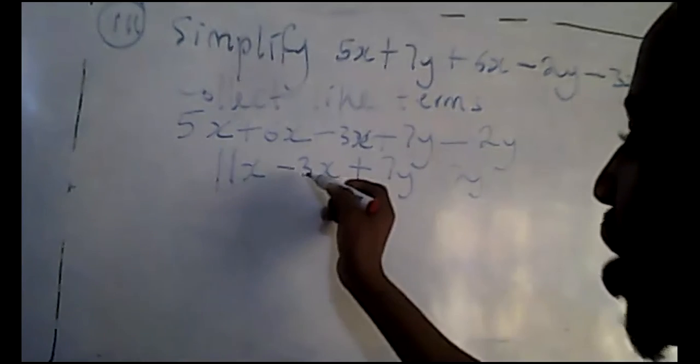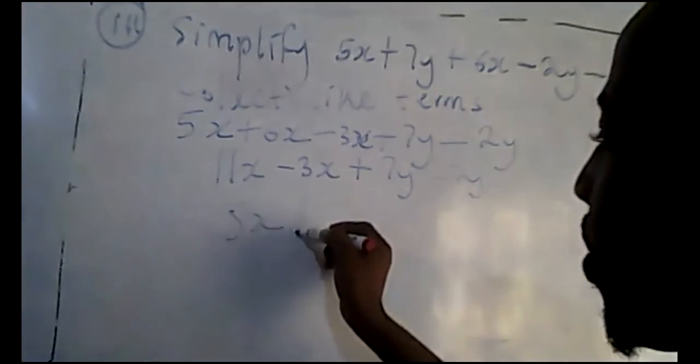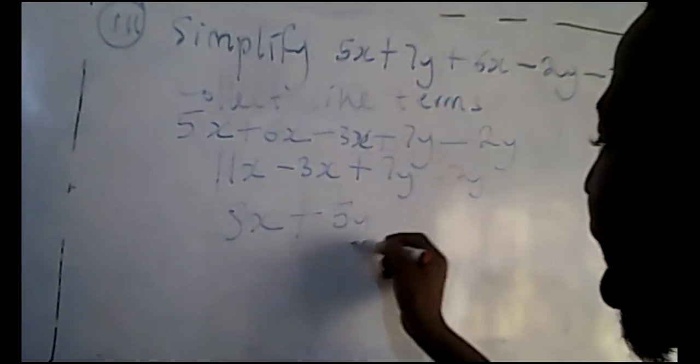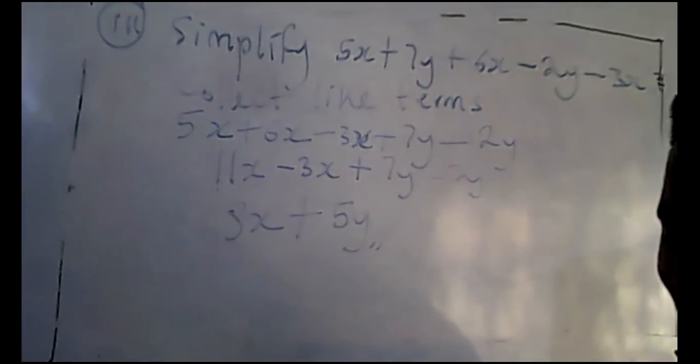Now 11x minus 3x gives you what? 8x. Plus 7y minus 2y gives you 5y. You can't go further. This is your answer.